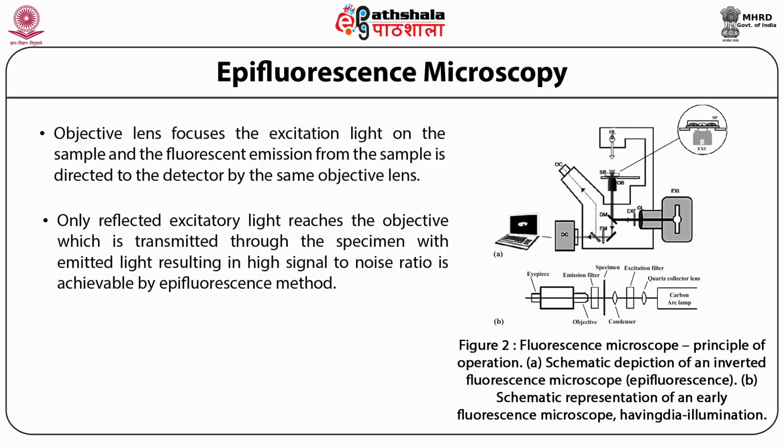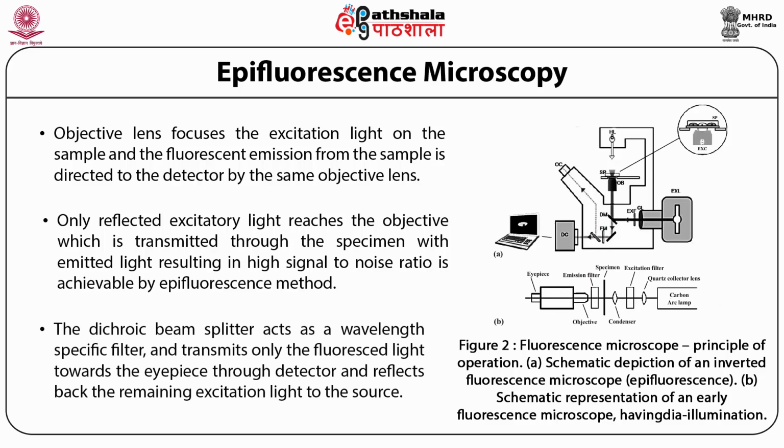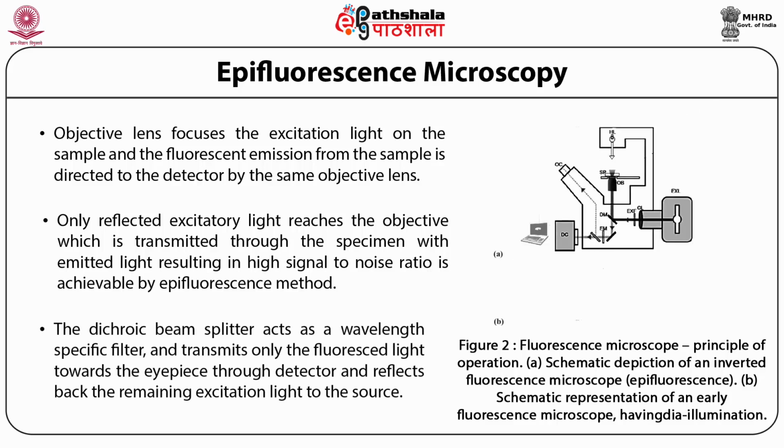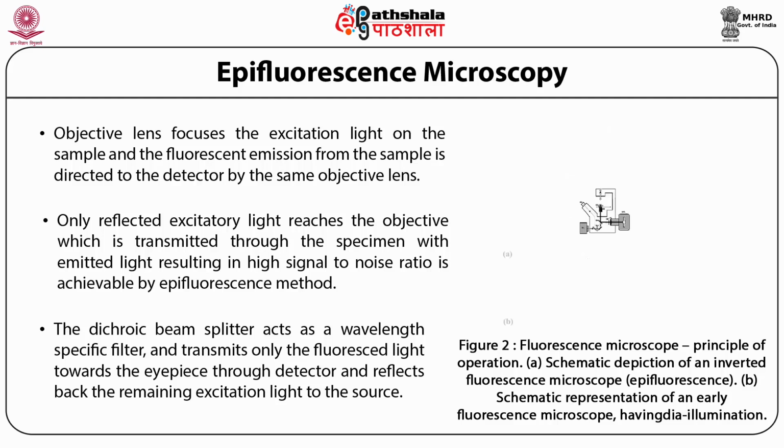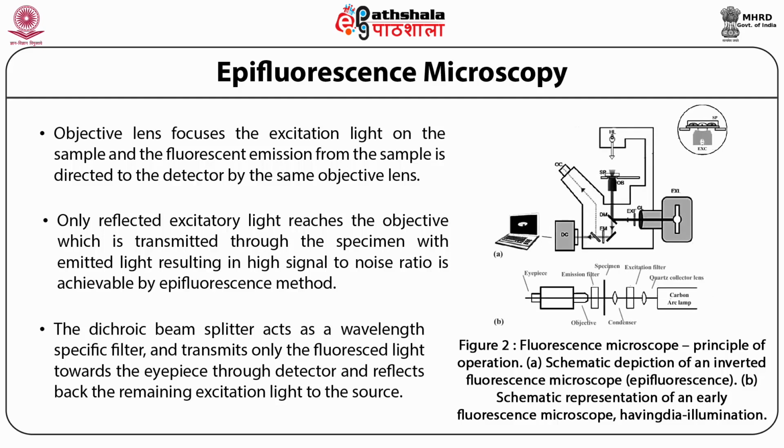This is achievable by the epifluorescence method. As can be seen in the figure, the dichroic beam splitter acts as a wavelength specific filter, and it transmits only the fluorescent light towards the eyepiece through the detector and reflects back the remaining excitation light to the source.